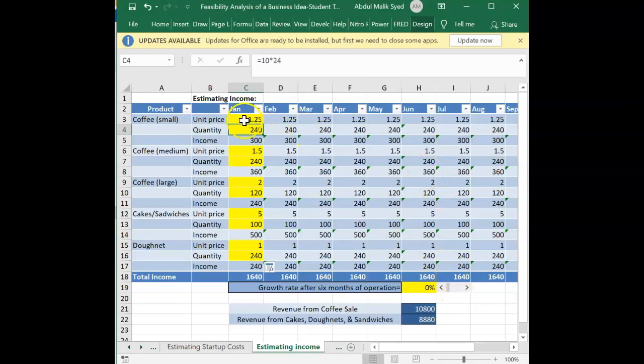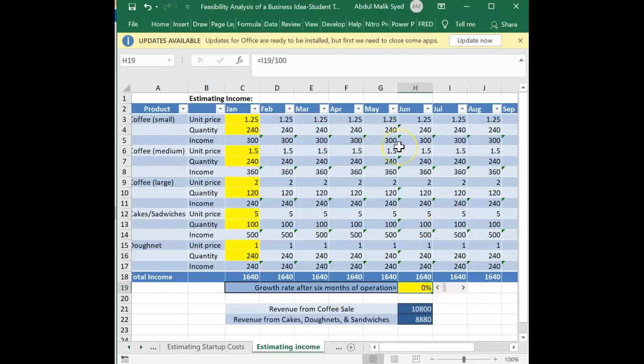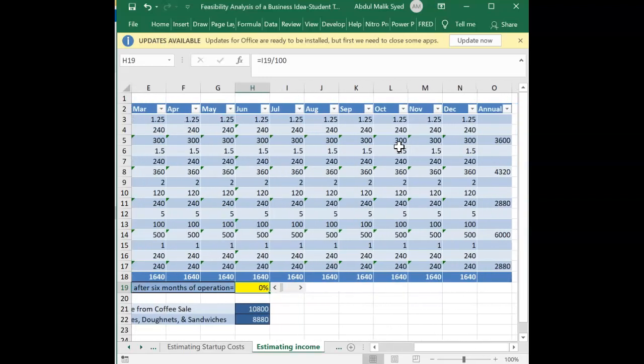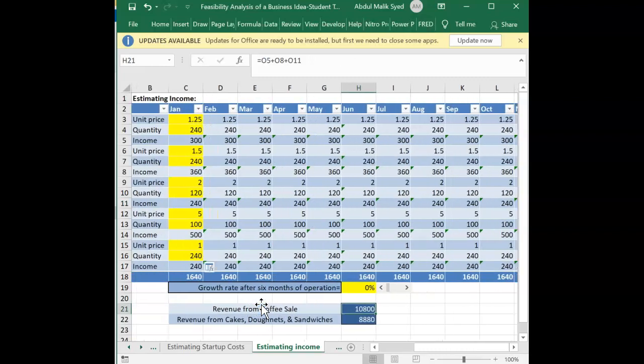Now suppose after 6 months my business is going to grow, right? And these are being projected for 1 year, right? And then the sales which I am going to make through small cups and medium cup and large cup is the sale from the coffee. So I have taken the total of revenue from coffee sale, right?